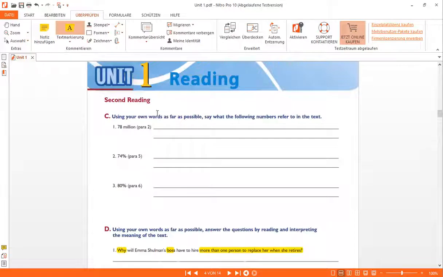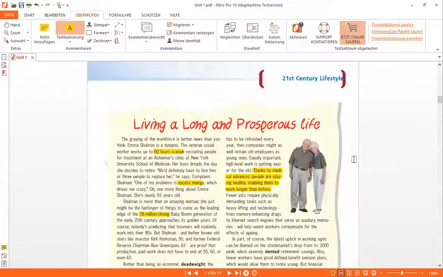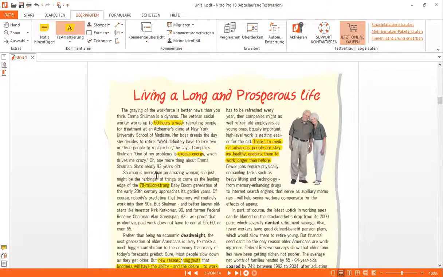Moving on to exercise C, it's also very, very typical IELTS exam. Using your own words as far as possible, say what the following numbers refer to within the text. So 78 million, you will go to the text and then you've got 78 million. Also here, what does it refer to? From here, it's very easy to tell.